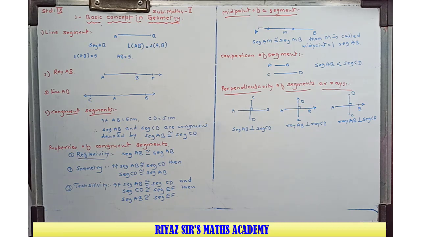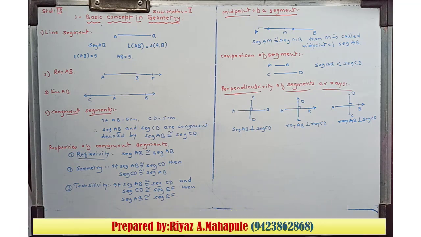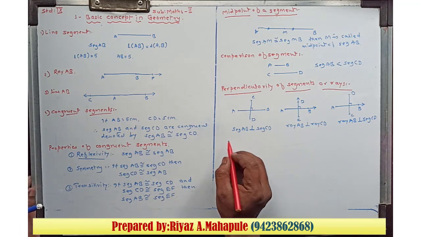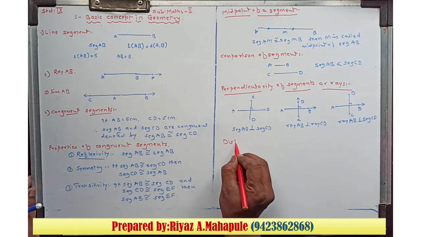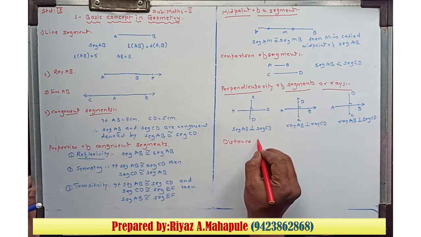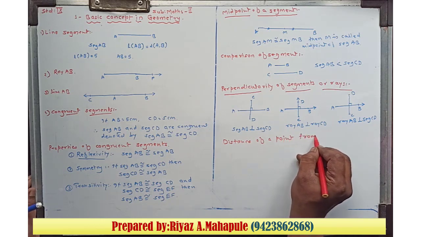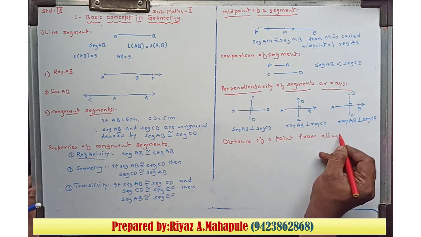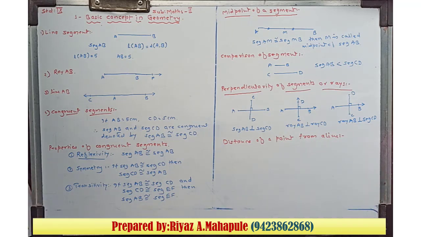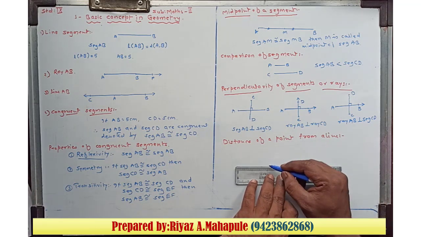Now the last definition is the distance of a point from a line. For that we have to consider one line.